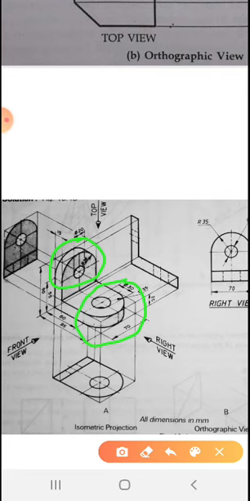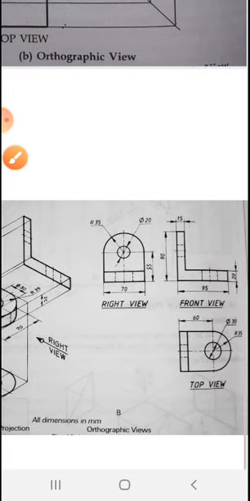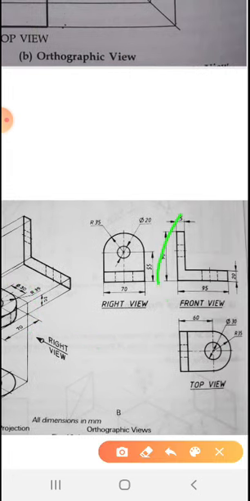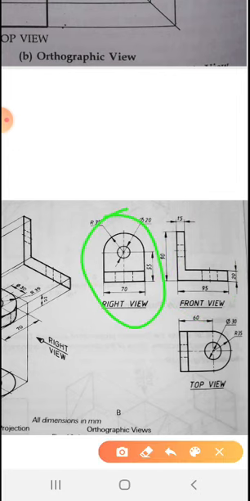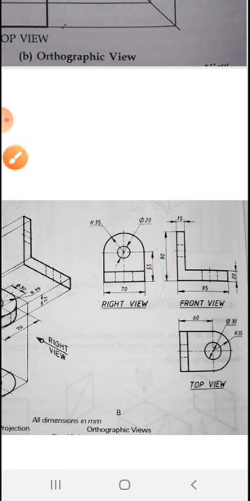These two circular ends will look like rectangles in the front view. So this is about the front view. Then what about the right view? So this is the right view.